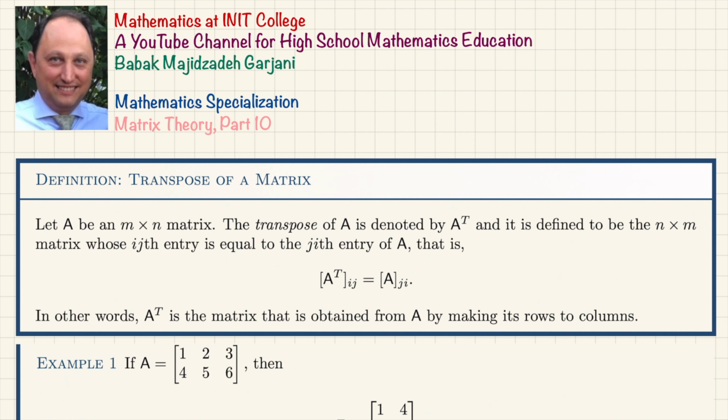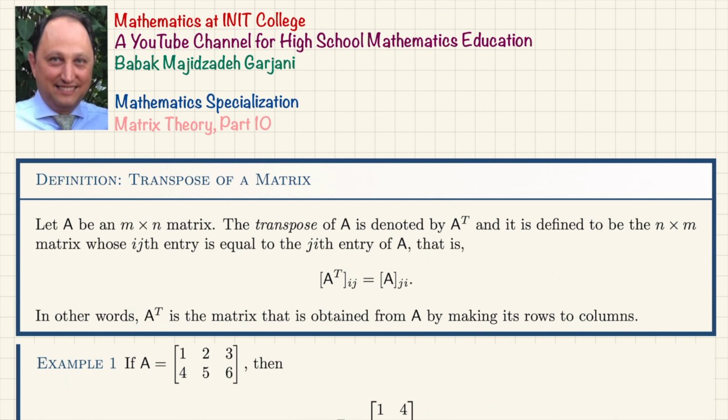So the transpose of this matrix is denoted by this symbol, and it is defined to be an n by m matrix. So if you start with an m by n matrix, its transpose is an n by m matrix, such that its ij-th entry is the ji-th entry of A. So in principle, you are interchanging the role of rows and columns with each other.